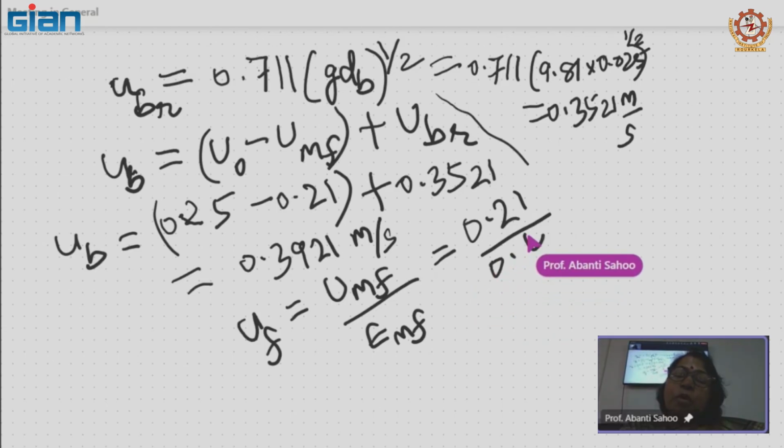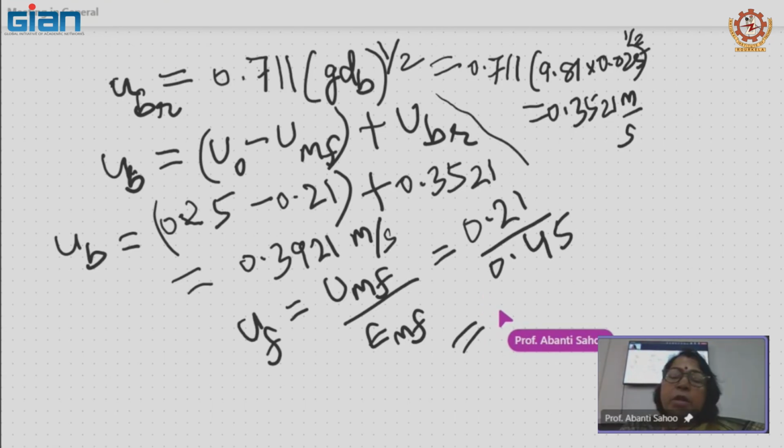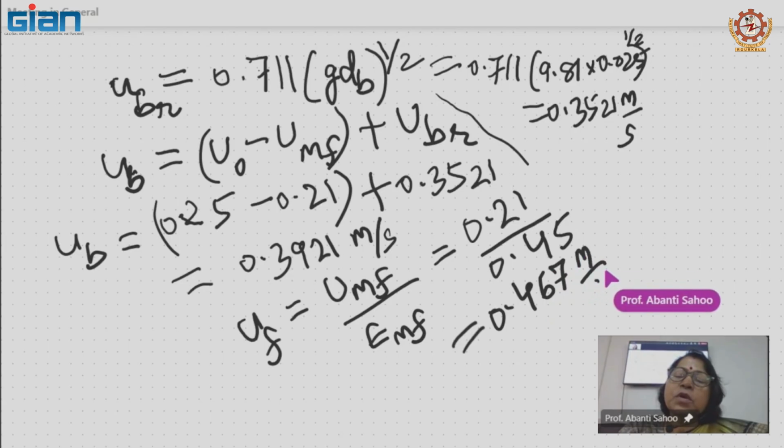So, emulsion velocity is coming 0.467 meter per second.